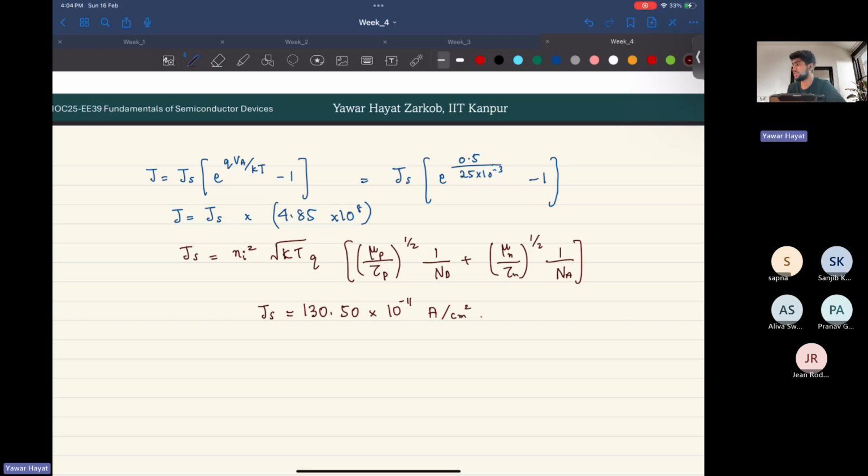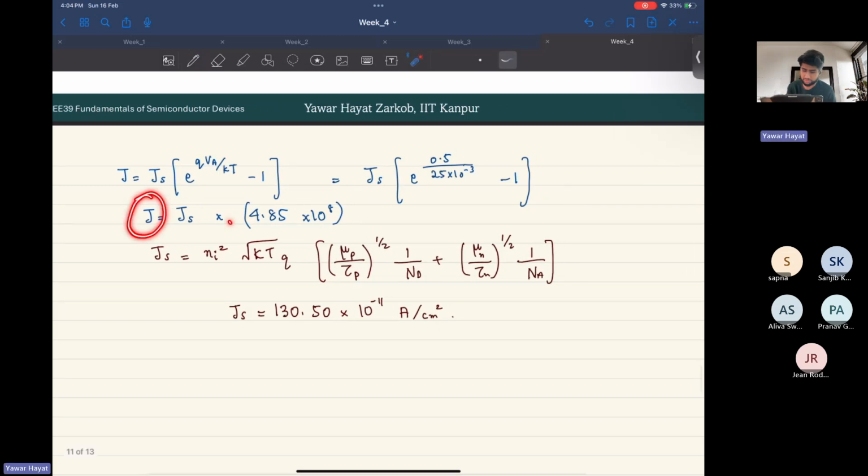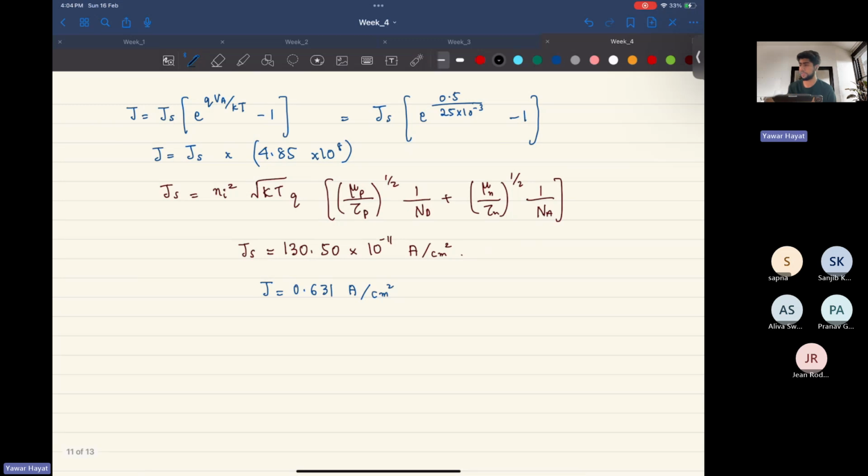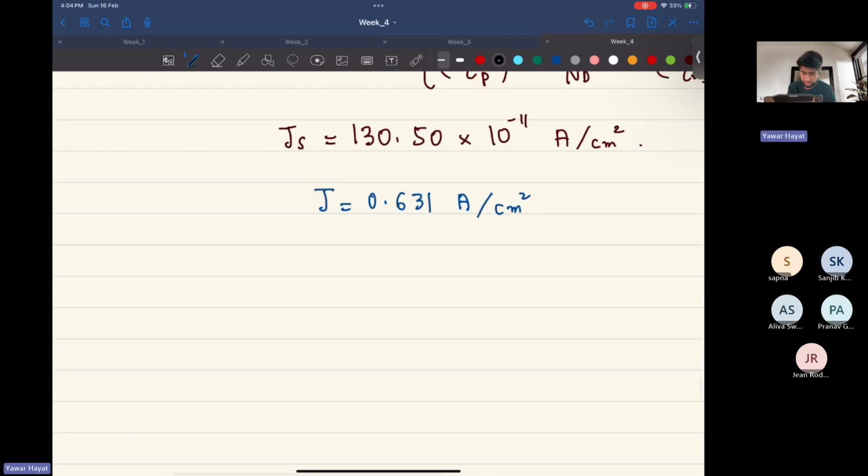What is J? You can obtain J from this, just multiply this by this. So your J would be 0.631 ampere per centimeter square. What about I?